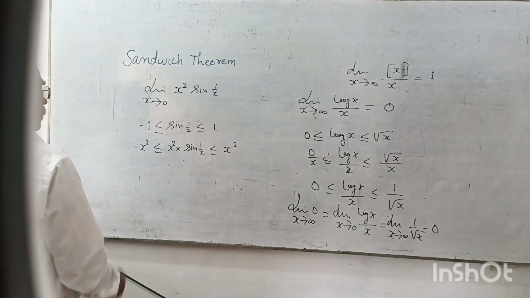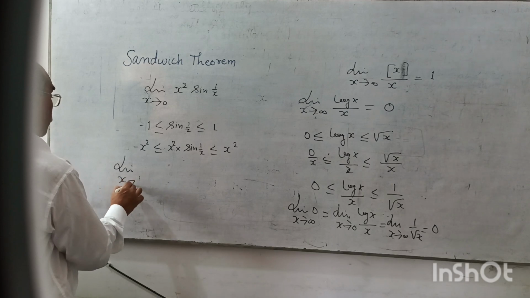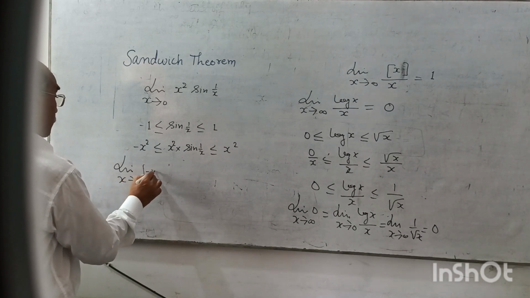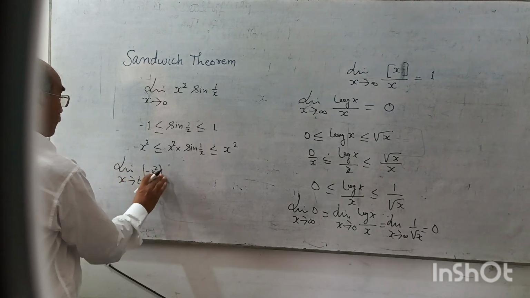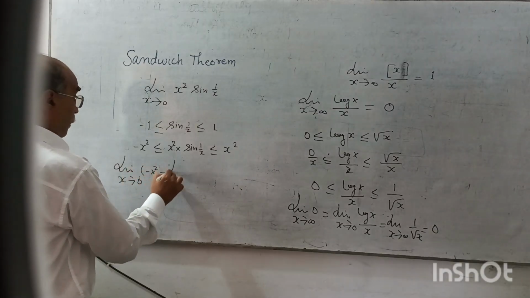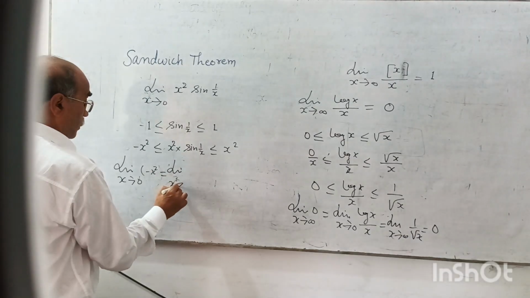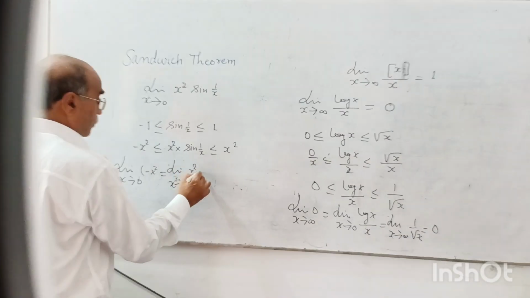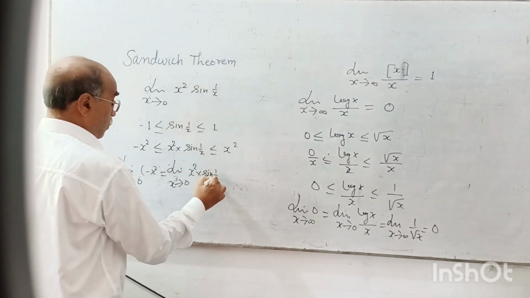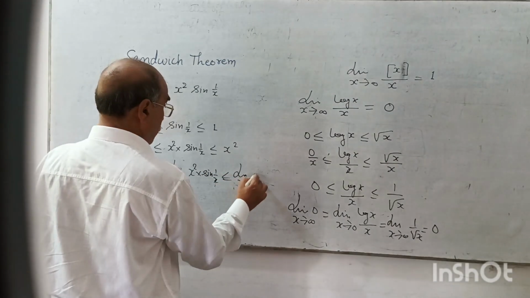So whenever you find the limit of all these functions as x tends to 0, this is minus x square, which will be the same as the limit as x tends to 0 of x square into sine 1 upon x, and that is the limit as x tends to 0 of x square.